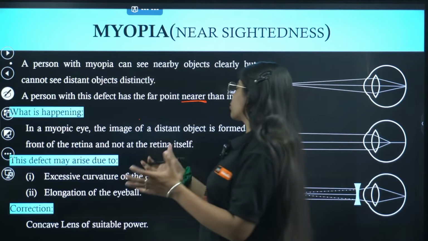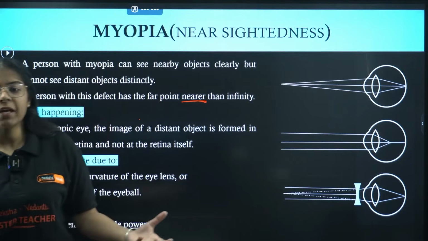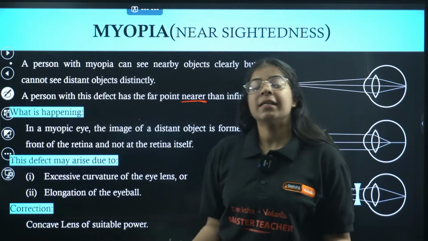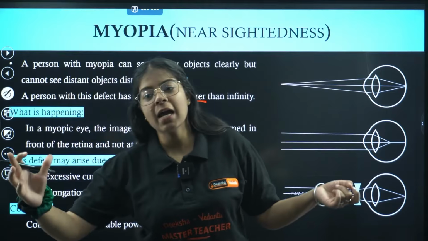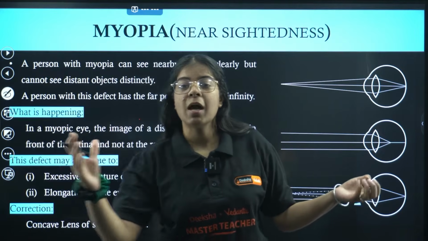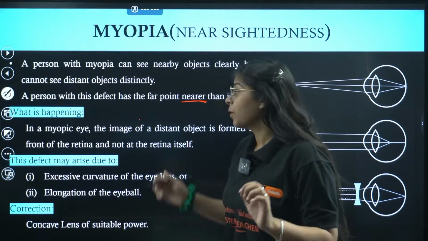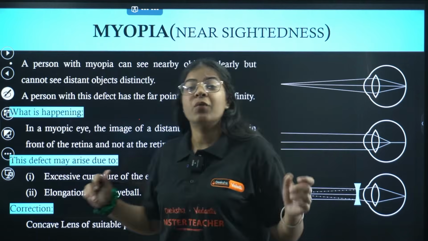So what is happening? The image of a distant object that should be formed on the retina is instead forming somewhat before the retina, where we had the vitreous humor.